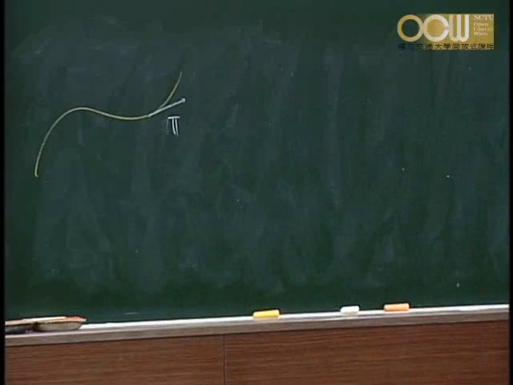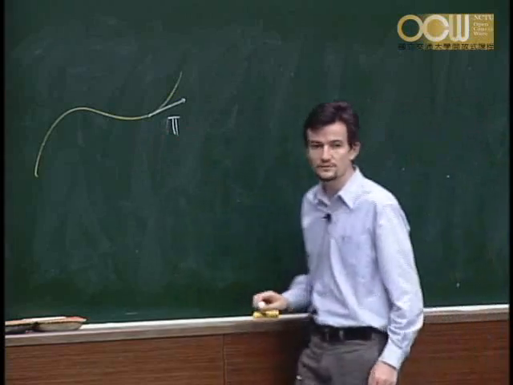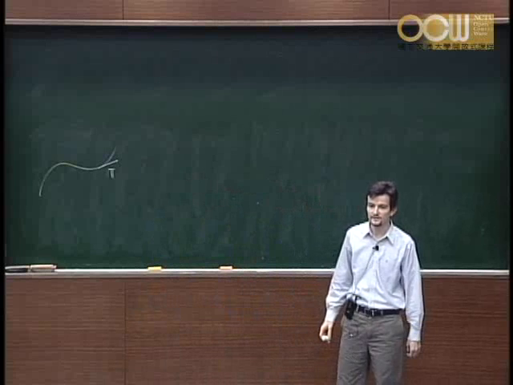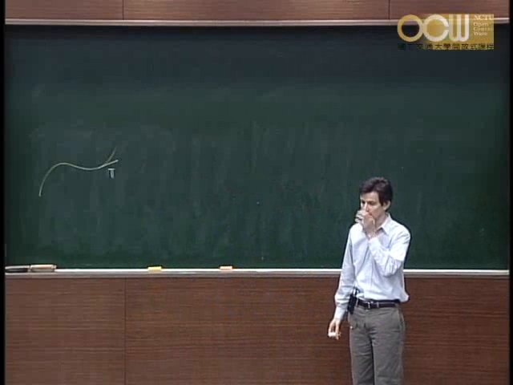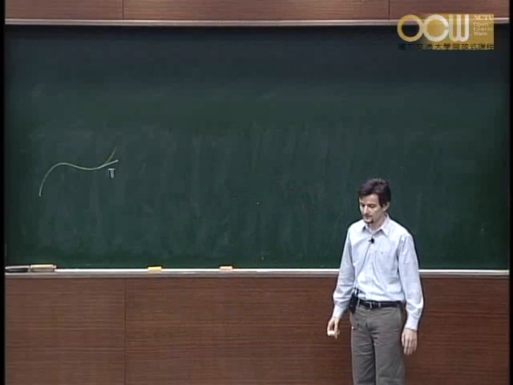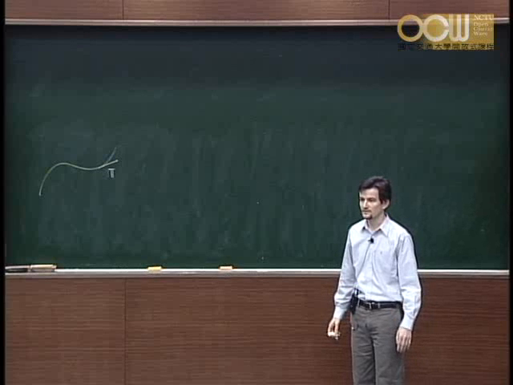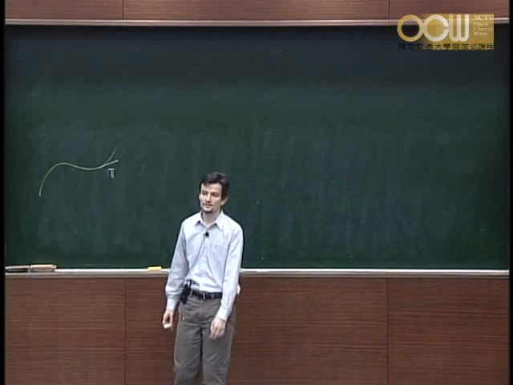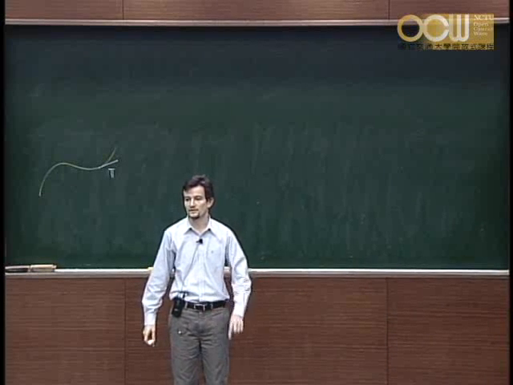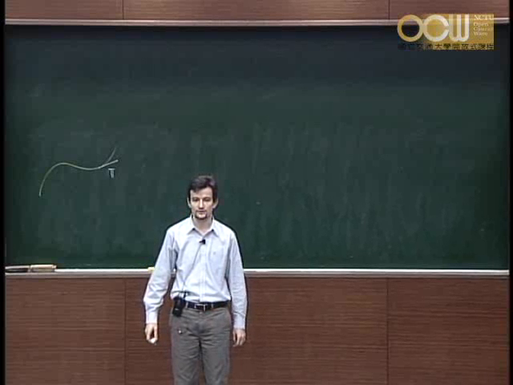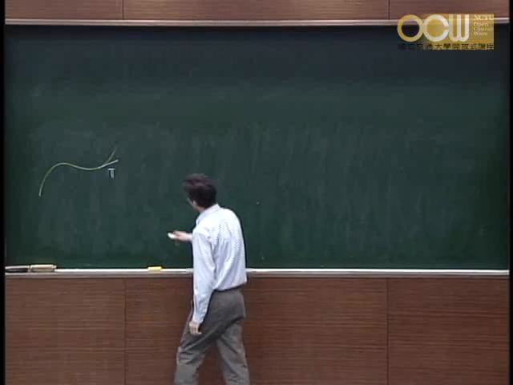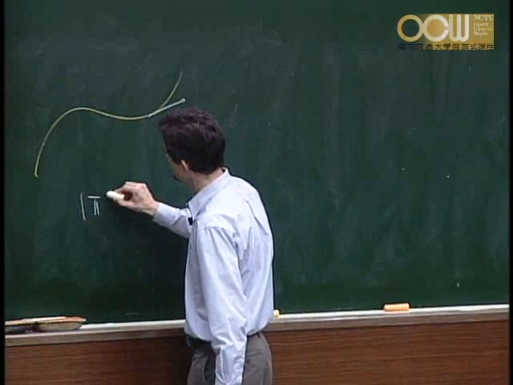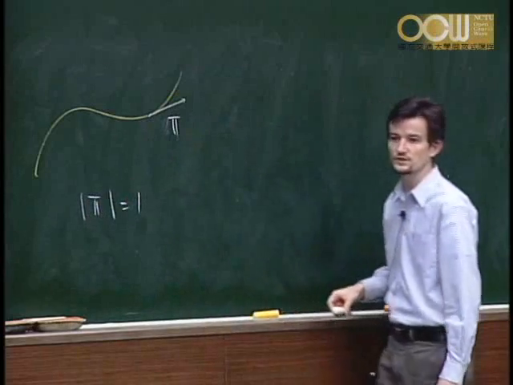But there is a special one, because last time we showed the following. We showed that if you have a vector function whose length is constant, and you compute the derivative of this vector function, then the derivative is orthogonal to the original vector function. We know that this vector function satisfies that the absolute value is equal to 1 by definition.